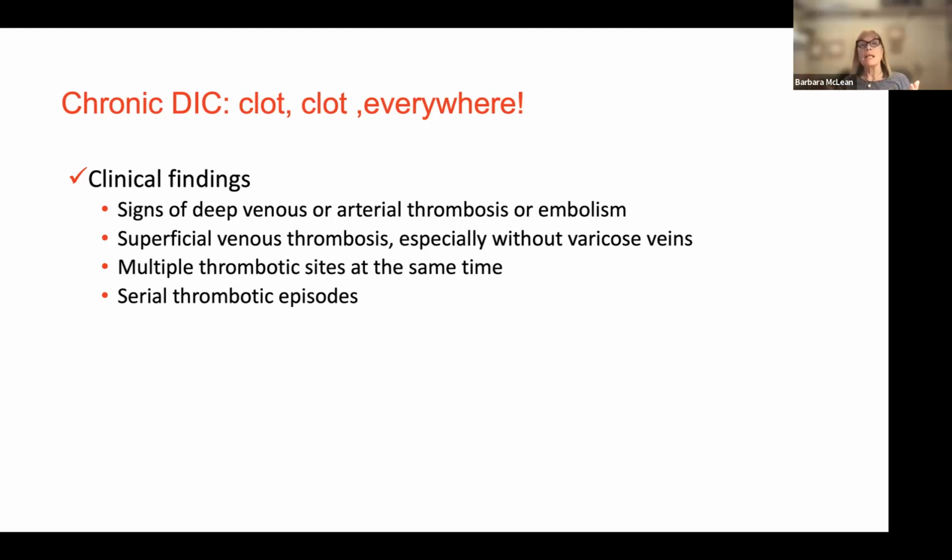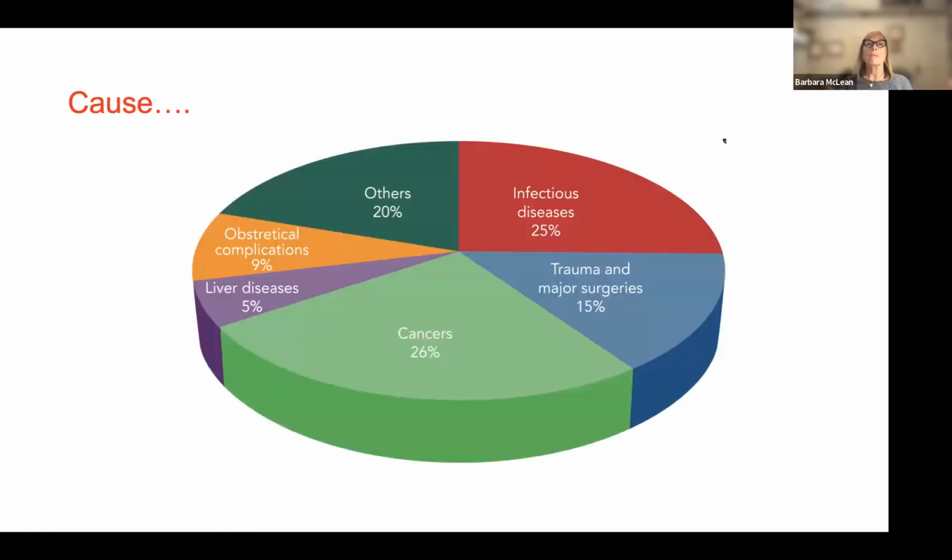But they have signs and evidence that they have a DVT, they have arterial thrombosis, they may have some superficial venous thrombosis that doesn't typically end up as a DVT, and they may have many thrombus in multiple areas, and they have serial thrombotic episodes. What that means is they came in, they had a DVT, we thought we made them a little bit better, we sent them home, now they come back with 3 more DVTs and a PE, that it's in series, that it continues on because this is a chronic problem.